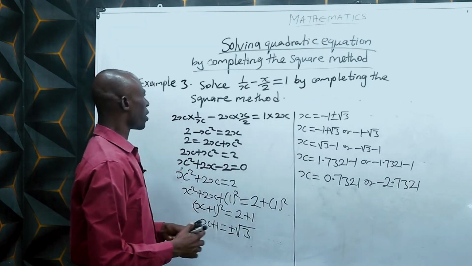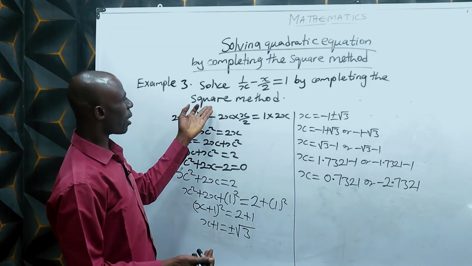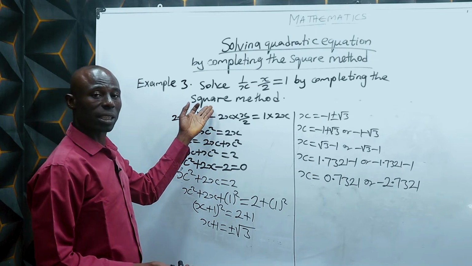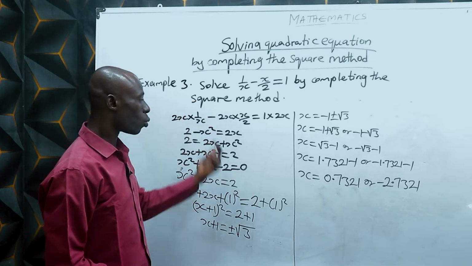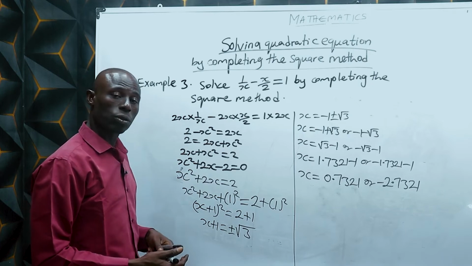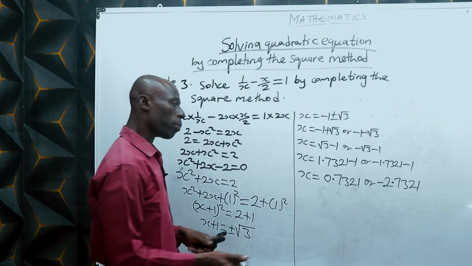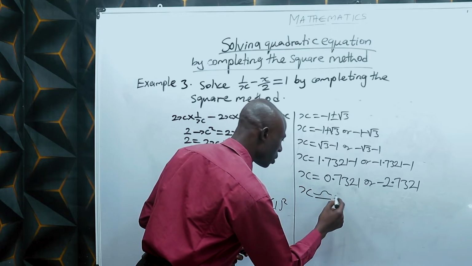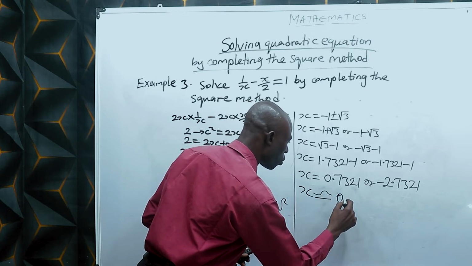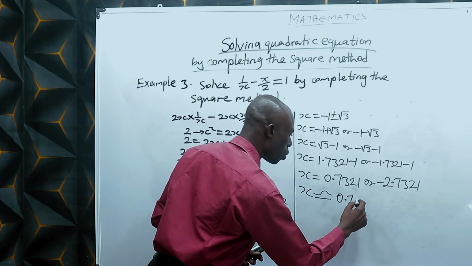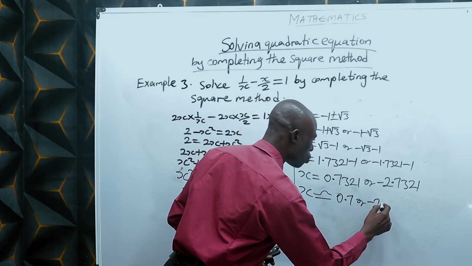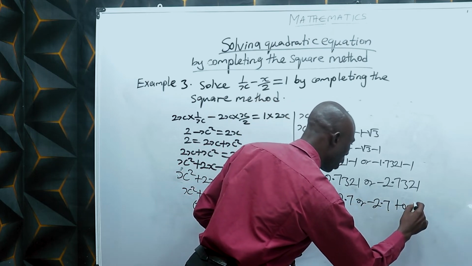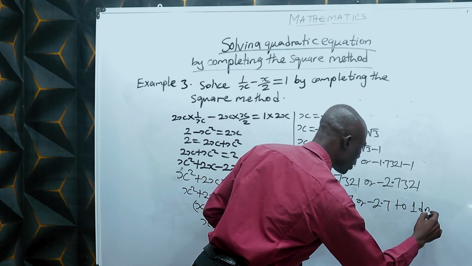Is there any specific instruction as to whether to leave our answer to a certain decimal place? Let's say to 1 decimal place. If we are to leave the answer to 1 decimal place, x is approximately 0.7, or minus 2.7 to 1 decimal place.